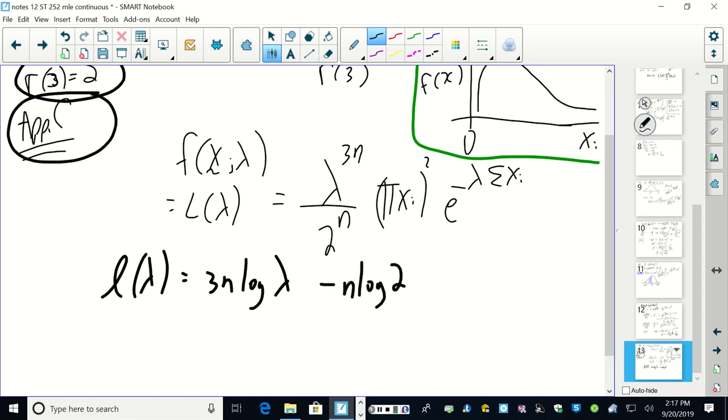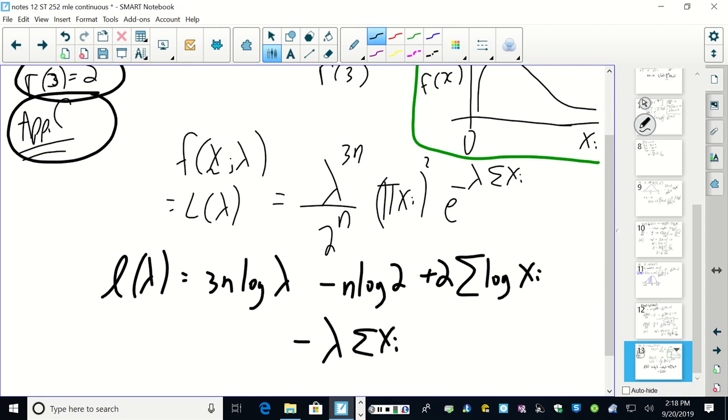Log of something squared gives you 2, the product turns into a sum, and then there's a log of xi's. And then the log of the e thing becomes minus lambda times the sum of xi's.